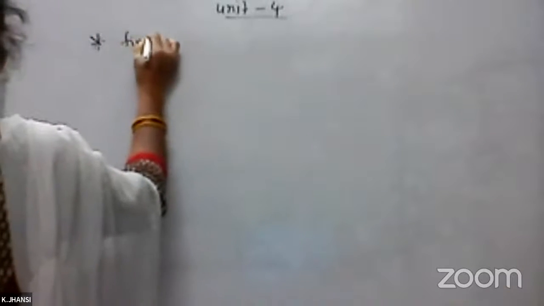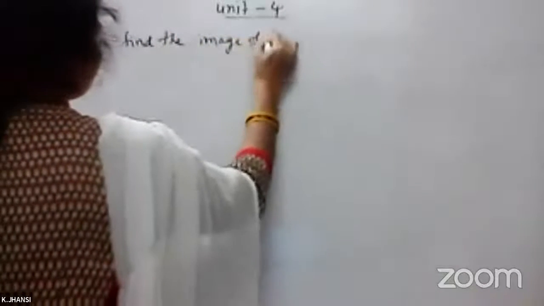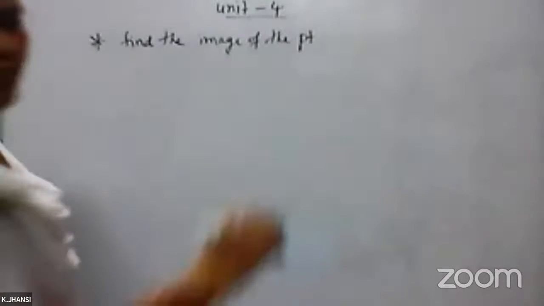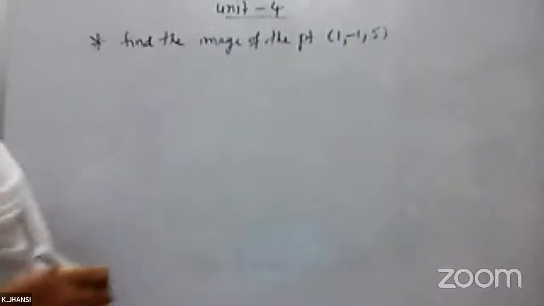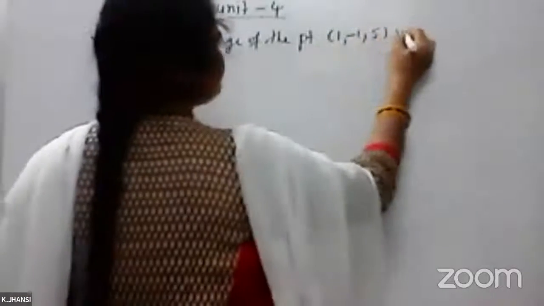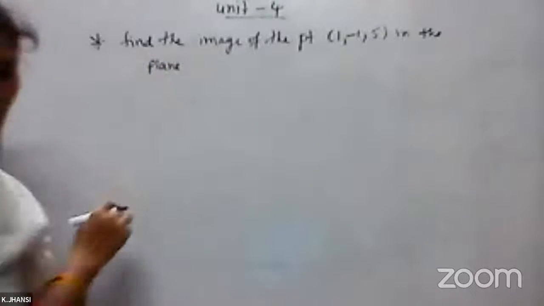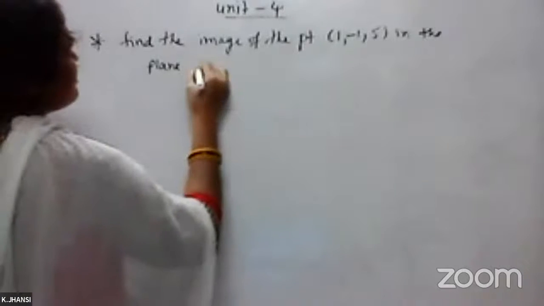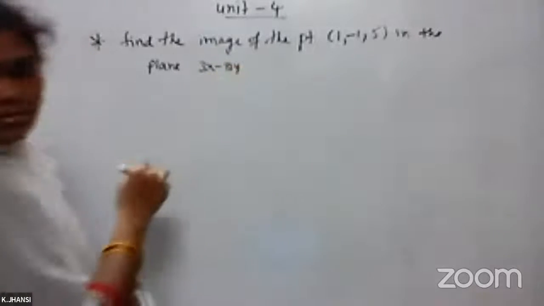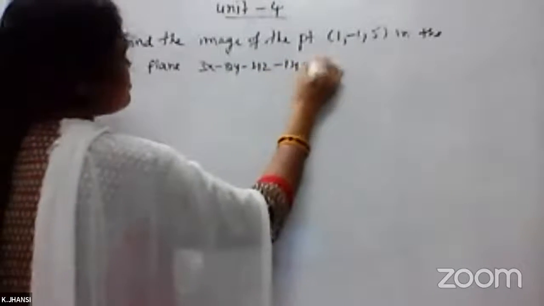Find the image of the point (1, -1, 5) in the plane 3x - 2y - 4z - 14 = 0.